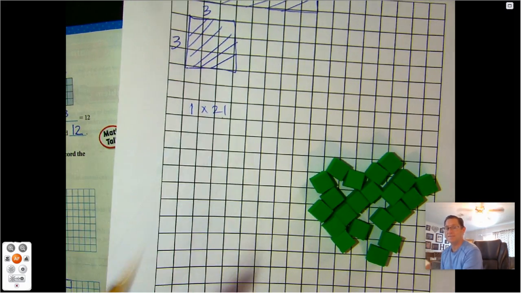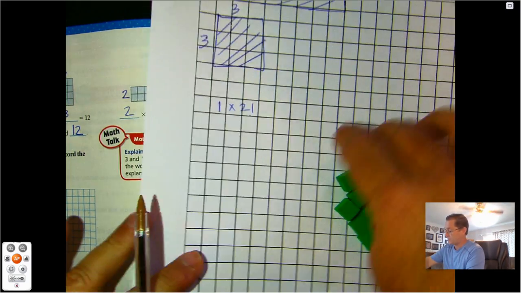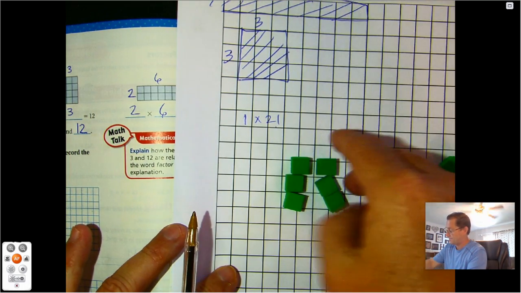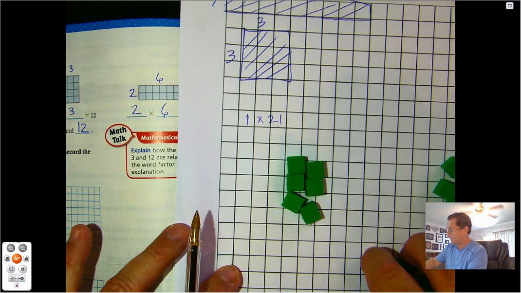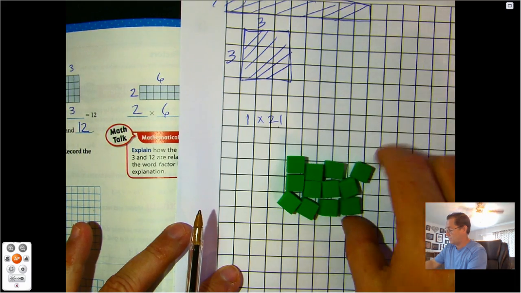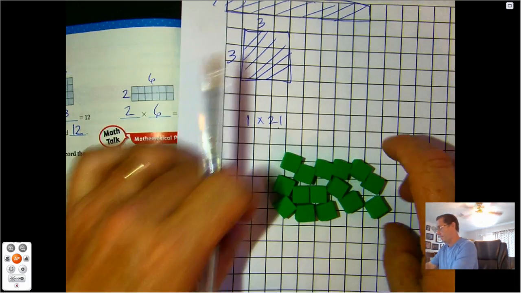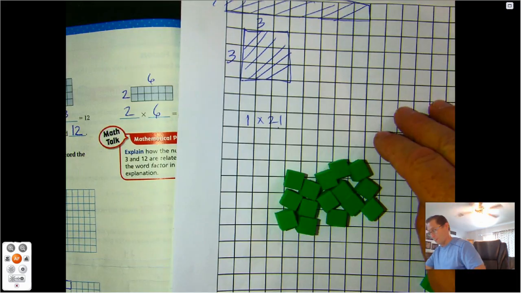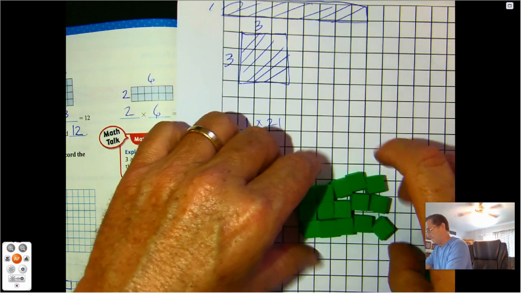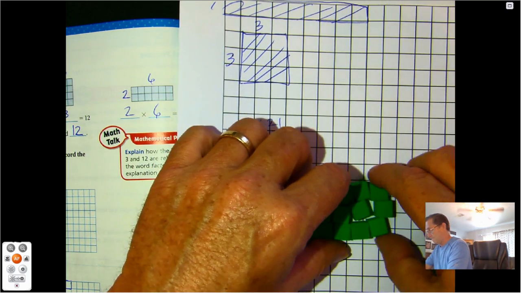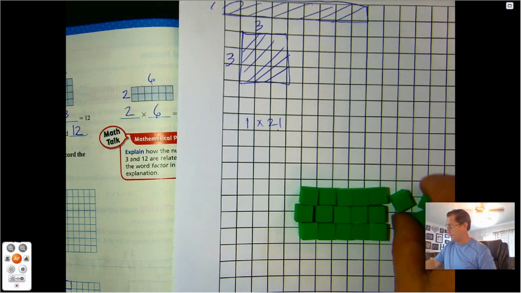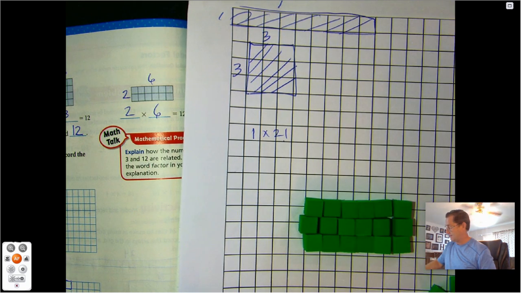Well, we can try 3. 3, 6, 9, 12, 18, 21.